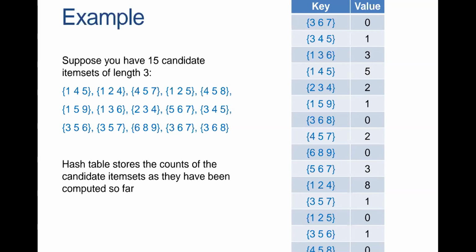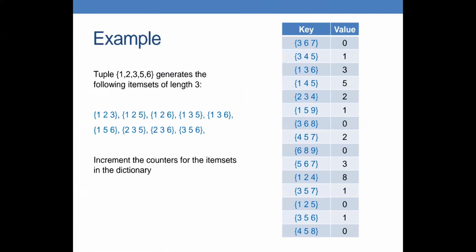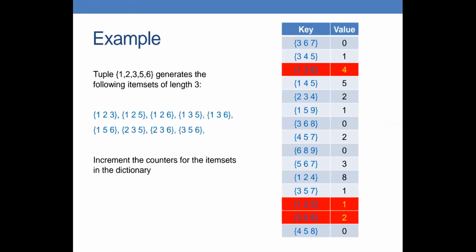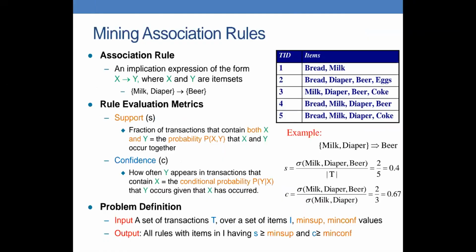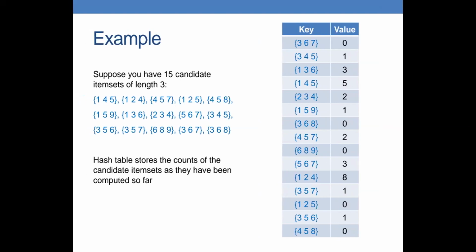And 136, you represent it as 1. Based on key values, we see which items are repeated in the candidate item set. Those key values we represent here.